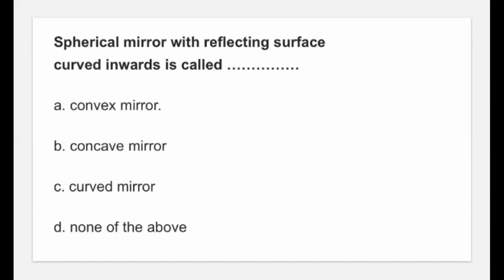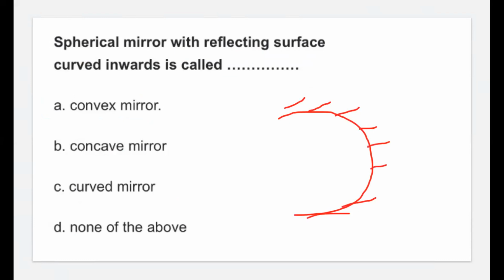Third MCQ, a spherical mirror with reflecting surface curved inward is called as dash. Convex mirror, concave mirror, curved mirror, none of the above. Now pay attention over here. I am explaining it once again. Reflecting surface is the one which is opposite to the coating.